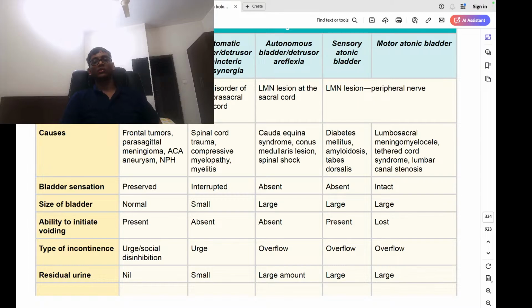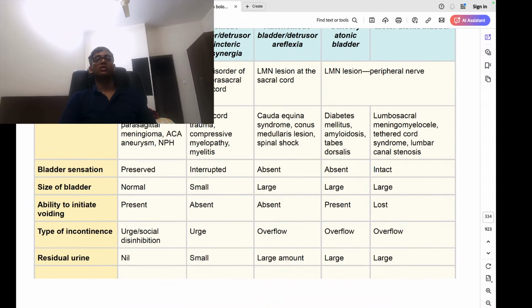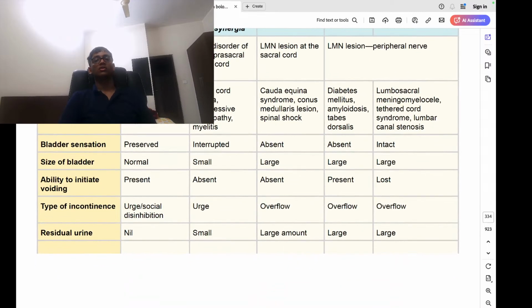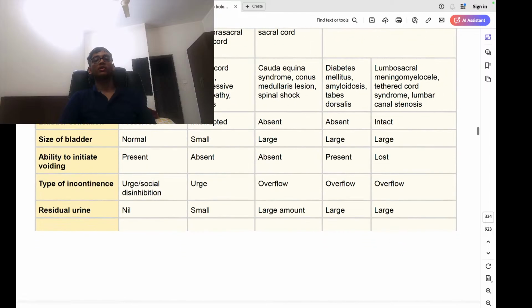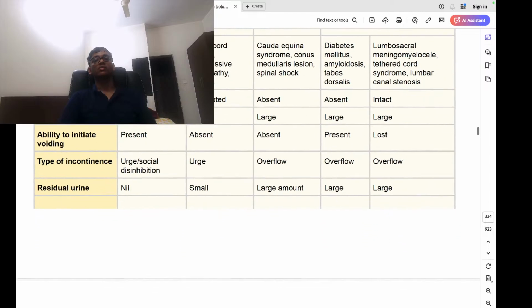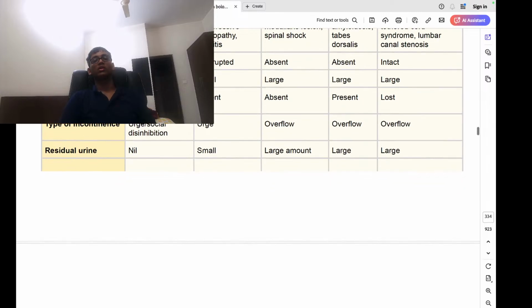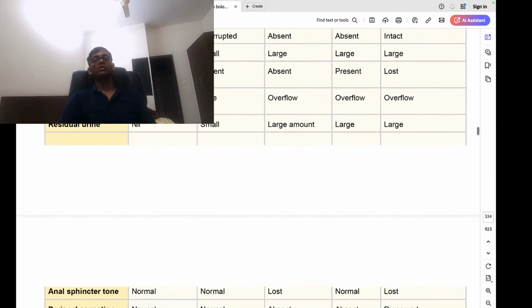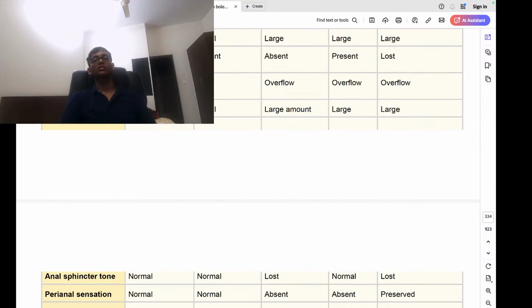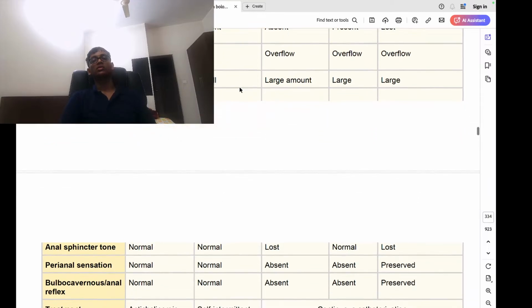Then you have automatic bladder or detrusor sphincter dyssynergia. Site of lesion is an upper motor neuron disorder of the suprasacral spinal cord, caused by spinal cord trauma, compressive myelopathy, and myelitis. Bladder sensation will be interrupted. Size of the bladder will be small. Ability to initiate voiding is absent, and the type of incontinence is urge incontinence.